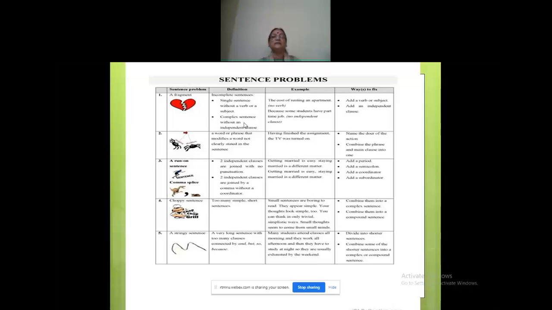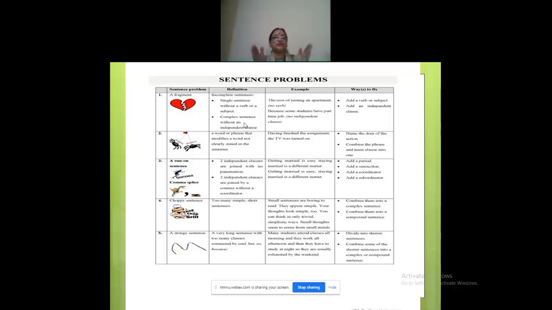Very lengthy sentence means there are too many clauses, and too many clauses means there are too many conjunctions, and that means too many ideas being portrayed in a single thought, in a single sentence, and that becomes a challenge. So always remember, do not have very long sentences, do not have very short sentences.